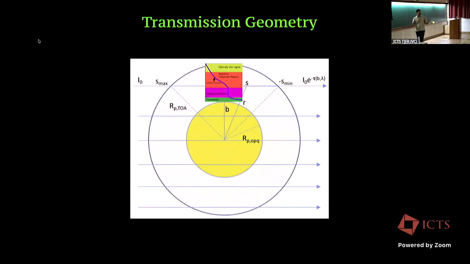It goes through the planet's limb, and the remnant radiation is what we collect at the telescopes here on Earth, maybe ground-based. So this beam of radiation is interacting with the whole atmosphere, which includes its pressure, temperature, structure, and all the different gases present in the atmosphere. This is the geometry that exists for transmission spectra. I'll go into more details of this further.